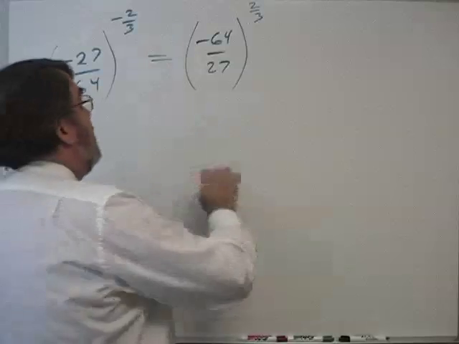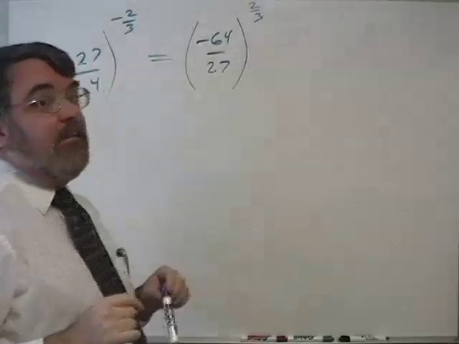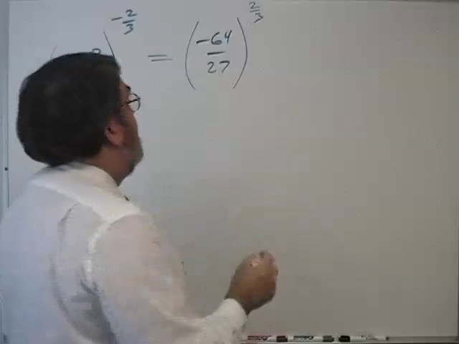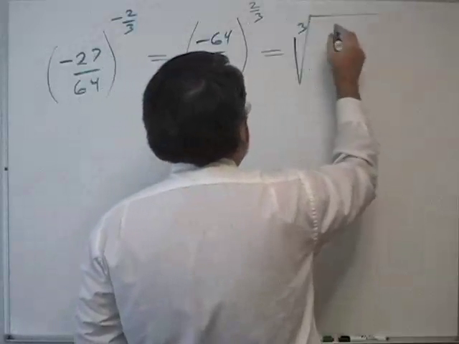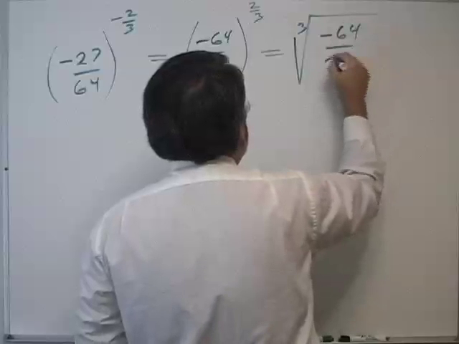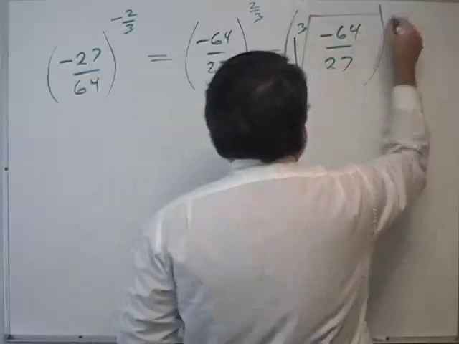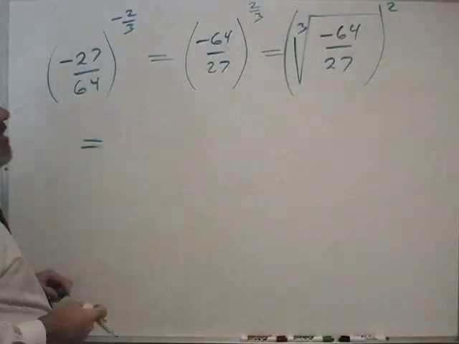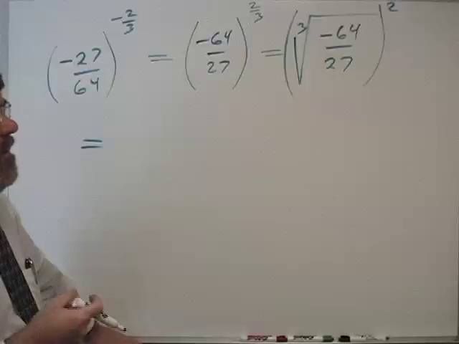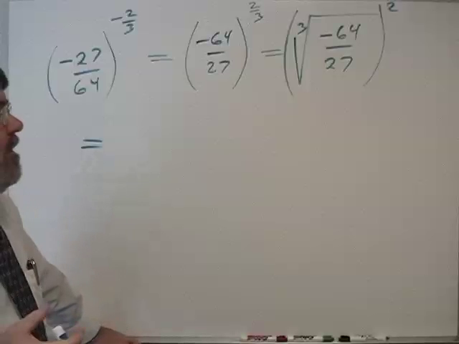Now, we're going to do what? The denominator 3 means cube root, or third root. So I'm going to take the third root of negative 64 over 27. And when we get done, we're going to square it. So what happens? Here we are with the cube root of a negative number, and those are okay.